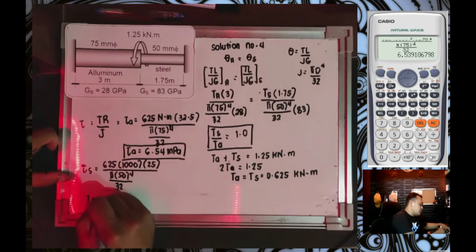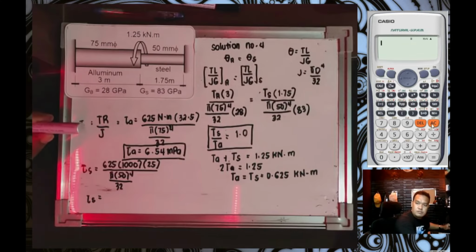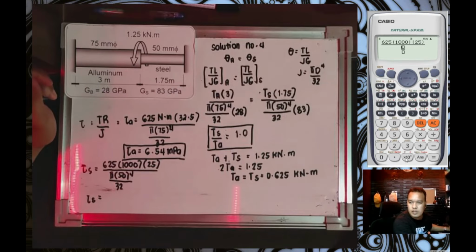So torsional stress at steel is equivalent kay 625 times 1,000 times 25 divided by pi times 50 to the fourth divided by 32.